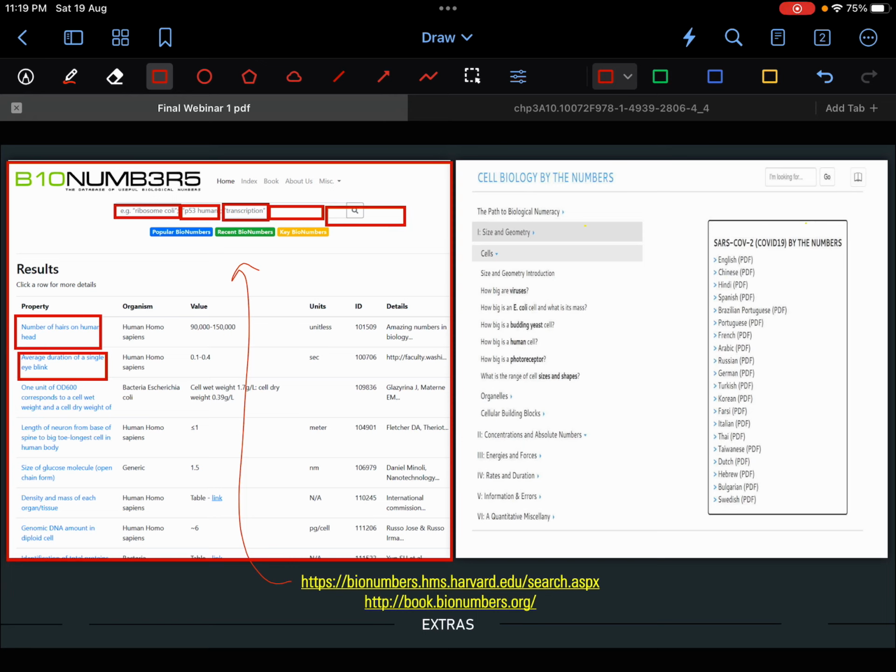You can find almost all the biological items and their measurements, the weight and the density and everything in this website. It's a very interesting website. You can play around here.